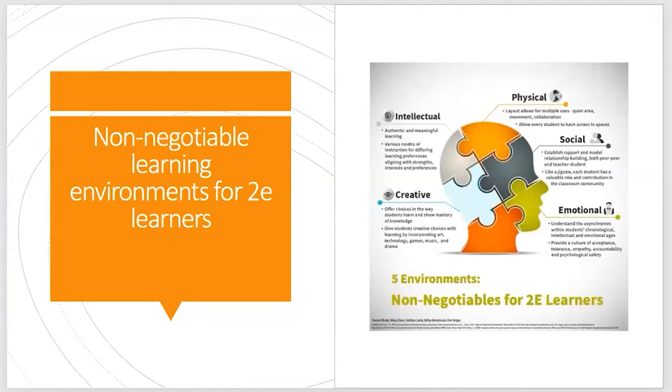The next area that I'll talk about, I'm going to skip over to social. In the classroom, whether it's a whole class or a small group or paired learning, students need to feel a sense of belonging, and they need to know what their role is as social contributors to a group.